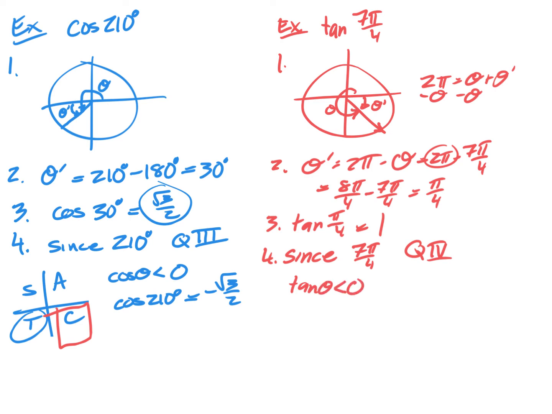So tangent's negative in quadrant 4. Therefore, our value for tangent of 7 pi over 4 is going to be what we have for the reference angle, but negative. So it's negative 1.